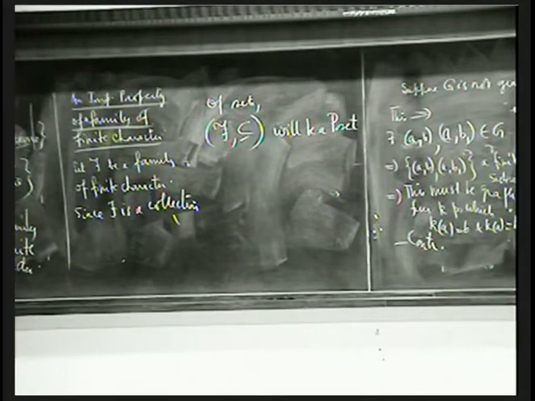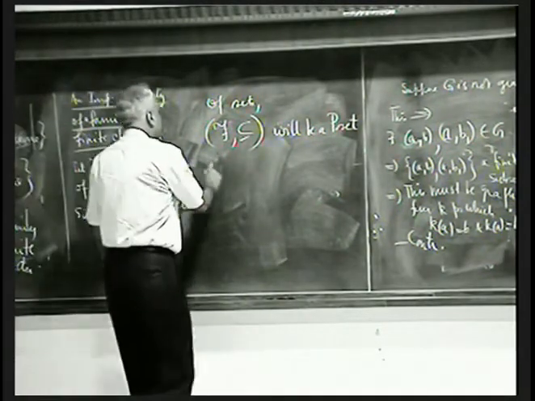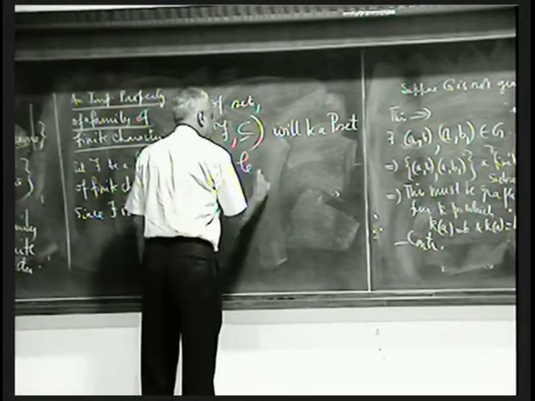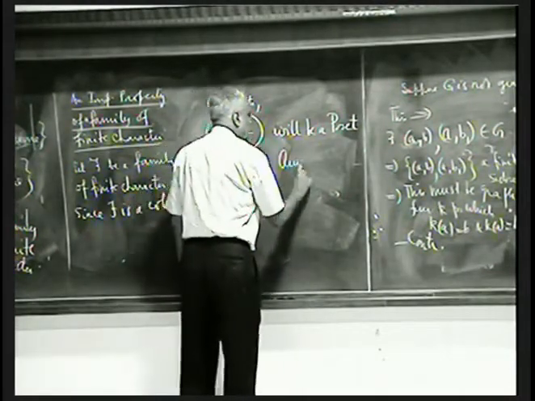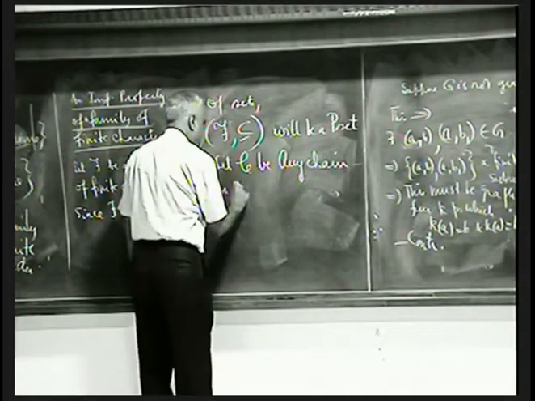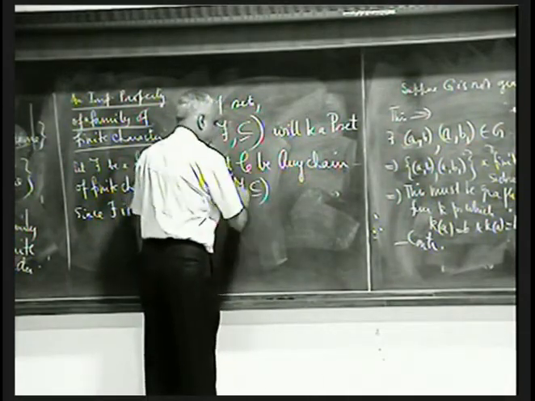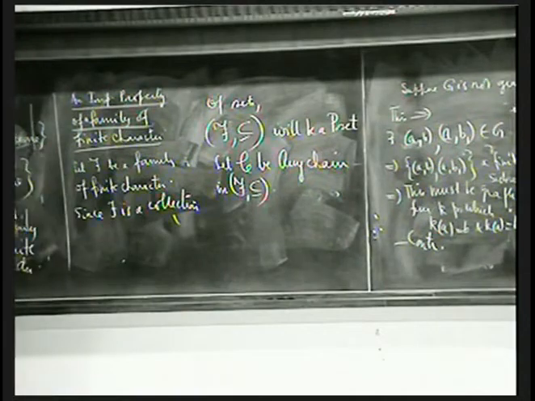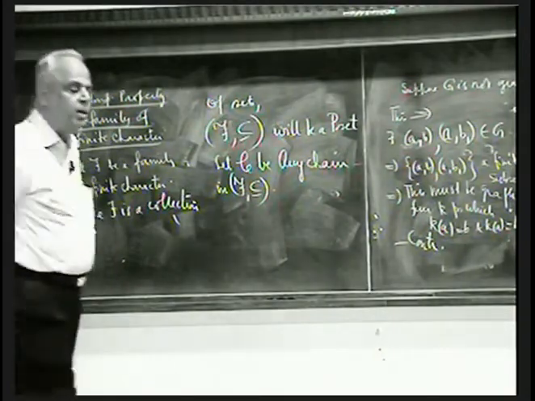Now, the moment you have a partial order, you can talk about a chain. So now let's look at any chain in this partial order. What is meant by a chain in a partially ordered set?